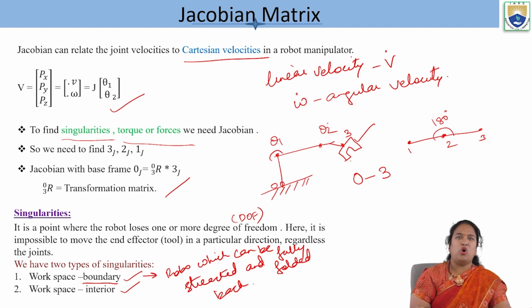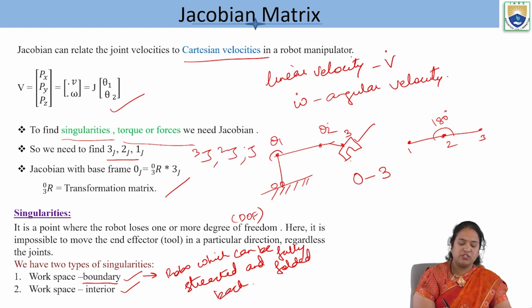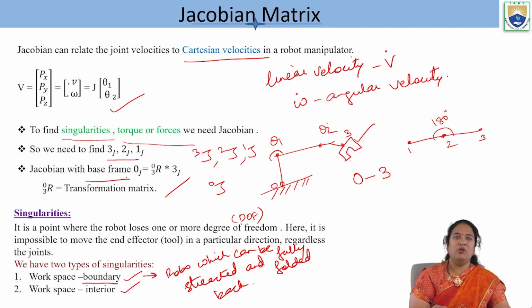For each joint of the robot, we write the Jacobian as Jacobian 3 at joint 3, Jacobian 2 at joint 2, Jacobian 1 at joint 1, and for the base frame of the robot, we write the Jacobian as J naught.